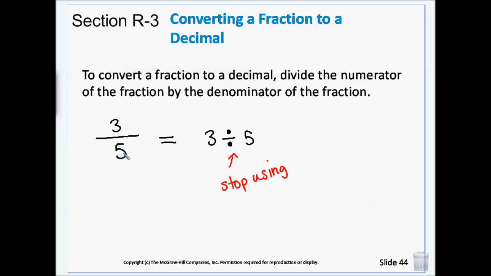So as you move forward in algebra, every time you look at this, you'll stop thinking of it necessarily as a fraction, because this is 3 divided by 5, this is division. Fractions and decimals are equivalent, and so fractions and division are also equivalent. I mean, it also means a fraction, but they're the same thing, really.